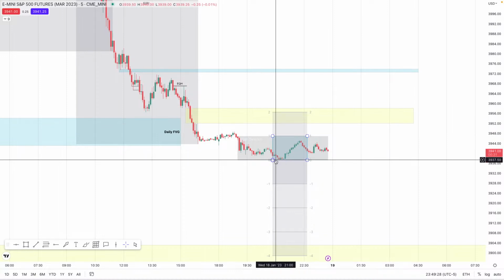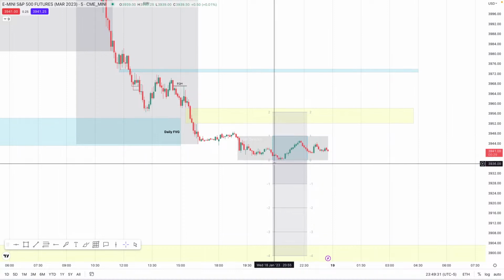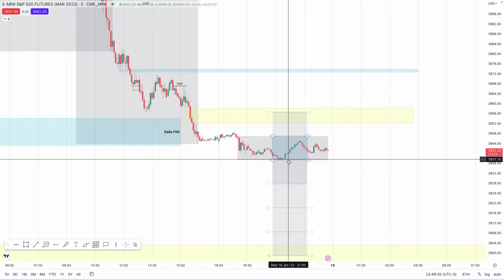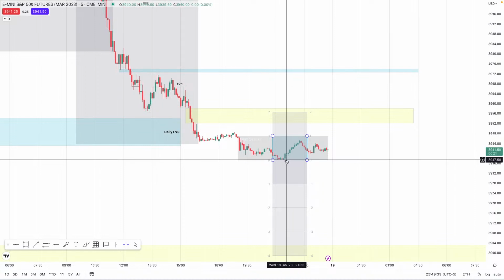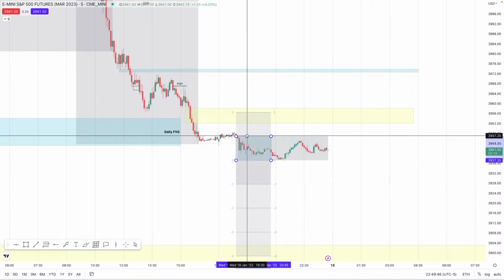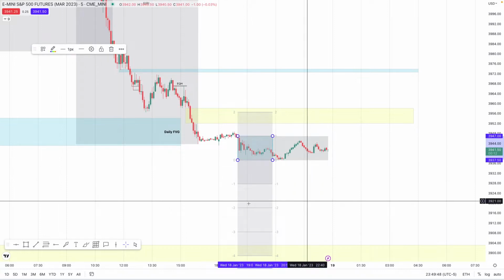So here's another thing that I would note is right down here we have equal lows. So the Asian lows created a smooth bottom. So that's just going to be another point of interest. Let's move that right there.